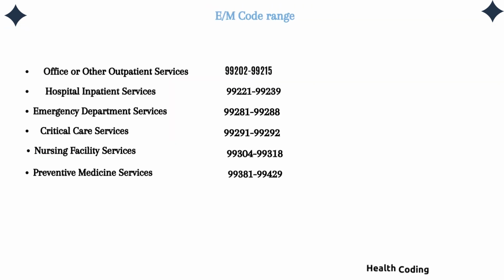Let's discuss the E&M code ranges. For the office or other outpatient services, we have the E&M code series 99202 to 99215. For hospital inpatient services, we have 99221 to 99239. For emergency department services, we have the range 99281 to 99288.